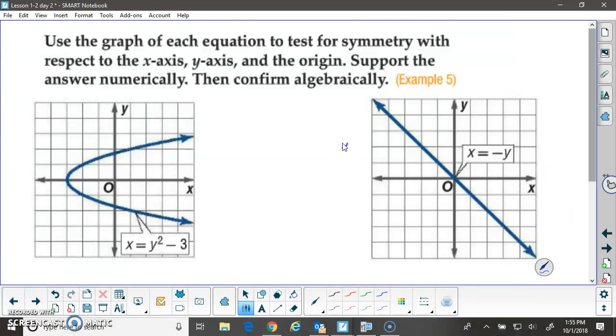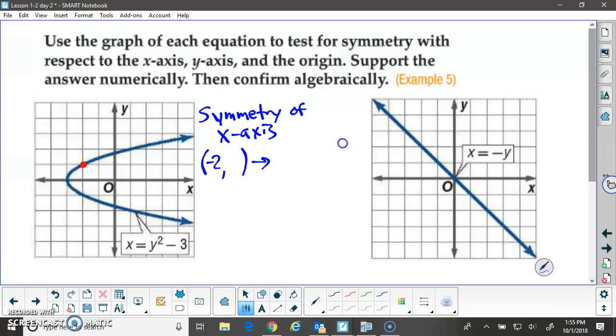Okay, last two examples here. Use the graph of the equation to test for symmetry. You can see on this one we have symmetry of the x-axis. And so if we find a coordinate point such as, let's see here, let's go with -2, 1 right there.